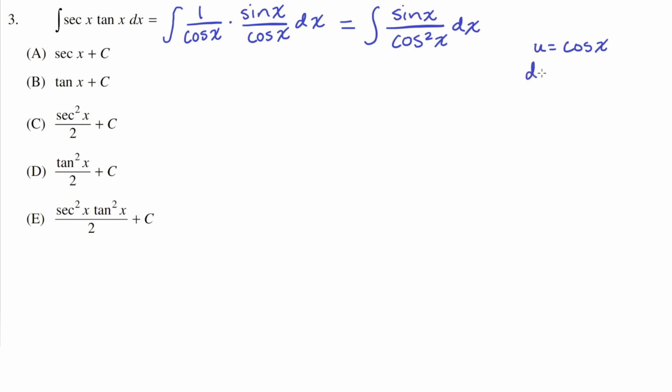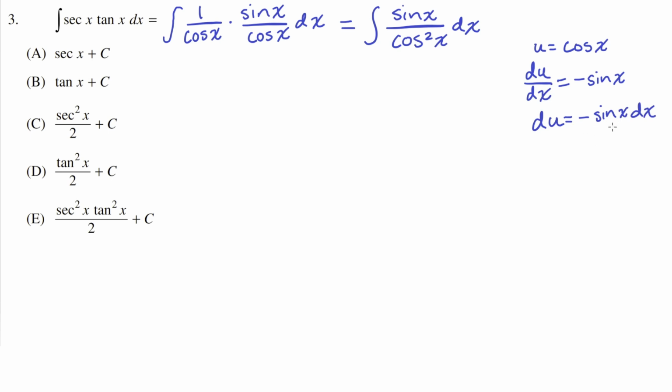So du, we're going to find the derivative of u with respect to x, so du dx. The derivative of cosine x is negative sine x. And then we're going to rearrange to solve for du. So du equals negative sine x dx.